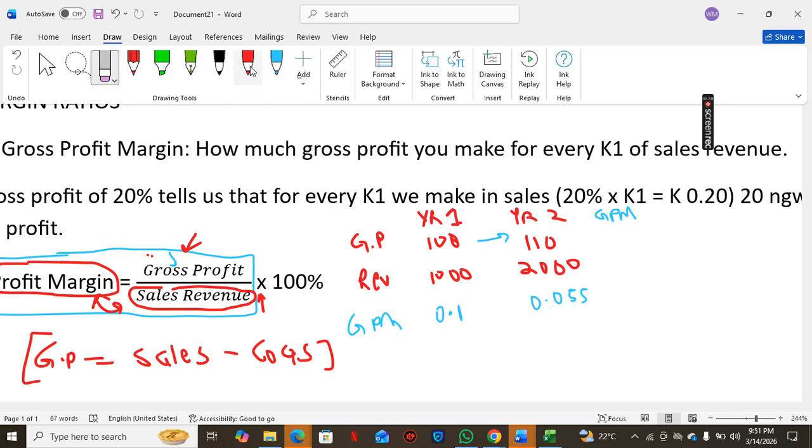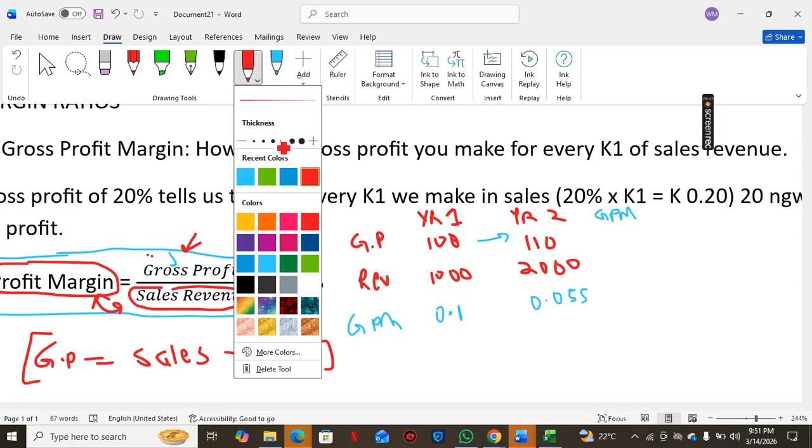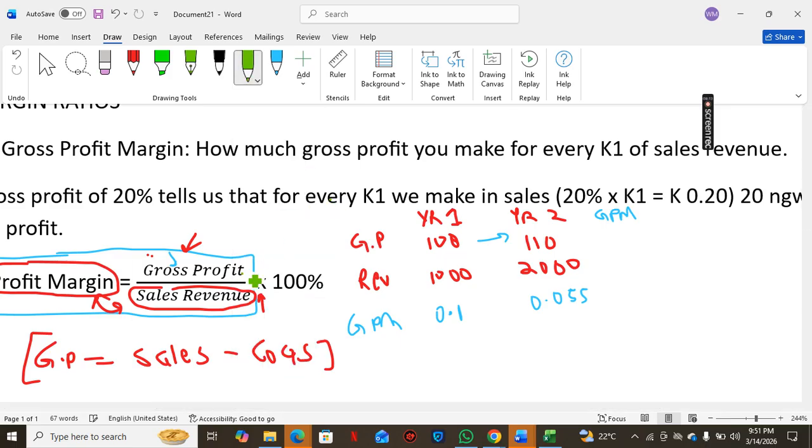If your gross profit grows more than your sales revenue, the gross profit margin will increase. Your gross profit has outgrown your sales revenue, which would be the best case scenario. Then your company is actually doing better.